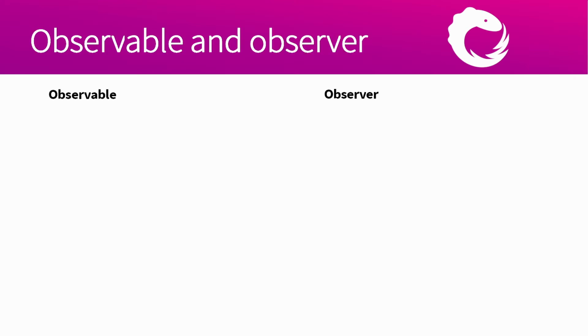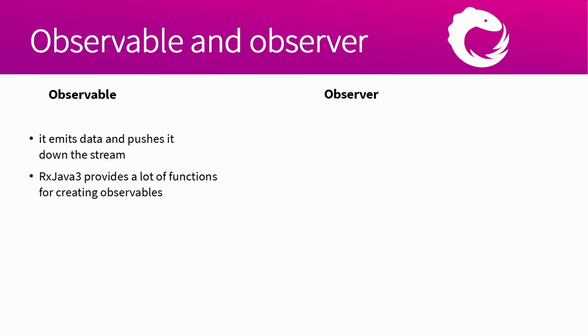Okay, so let's briefly describe observable and observer and the correlation between them. As I already said, observable is something that emits the data and pushes it down the stream.